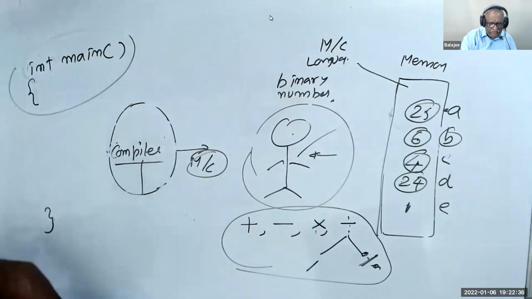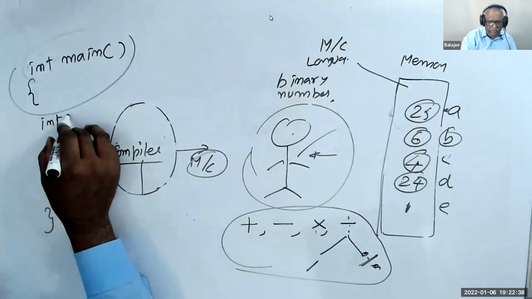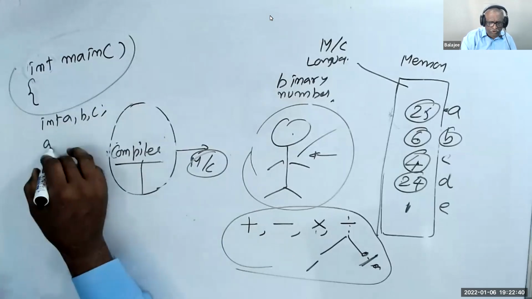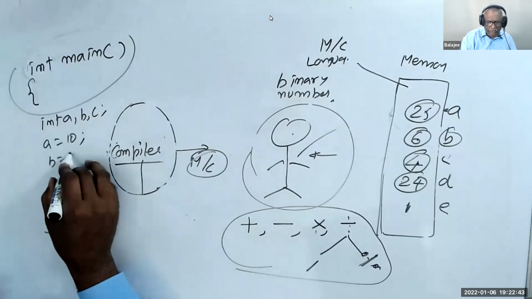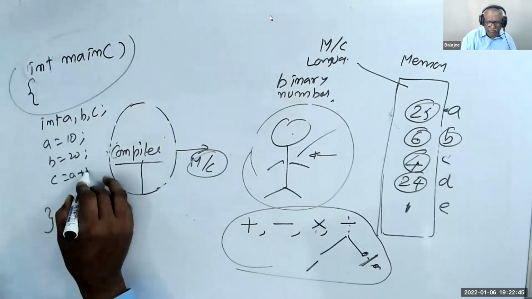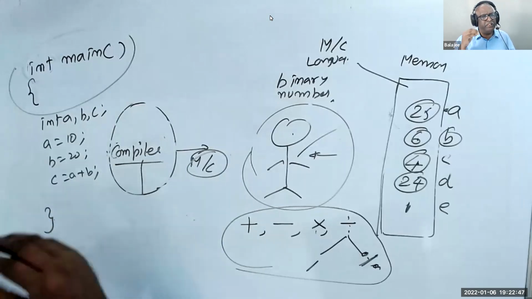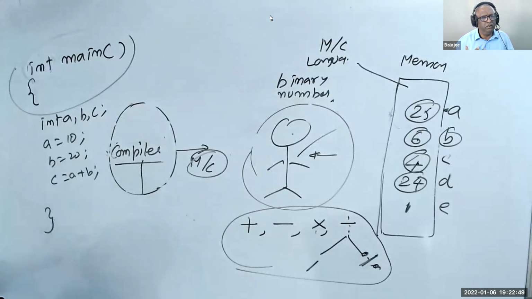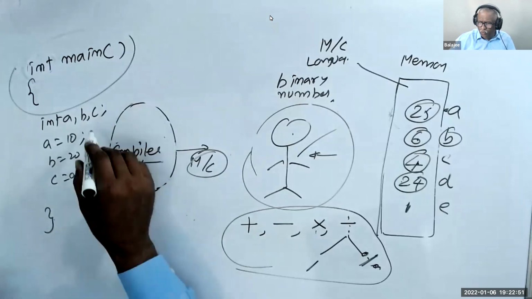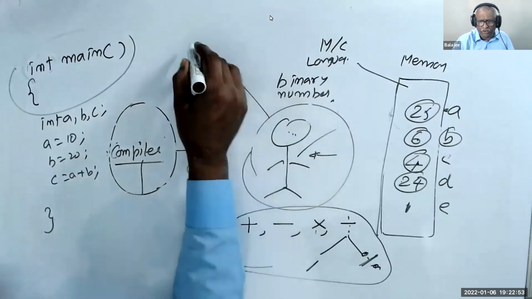The problem is, if we do this once, int A, B, C, A is equal to 10, B is equal to 20, C is equal to A plus B, this is all happening inside your brain. But what is the interface with the outside world?